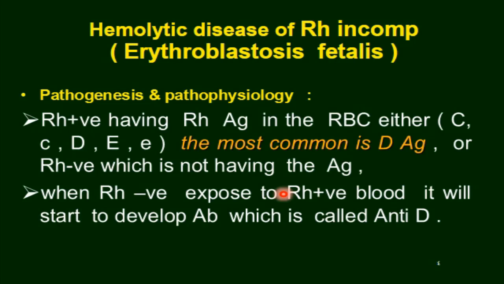This antigen is either C, D, E, C small, or E small. The most common antigen is D antigen, while a human being that does not have this antigen is called Rh negative. So when any Rh negative person is exposed to Rh positive blood, they will start to develop antibody, which is called anti-D.